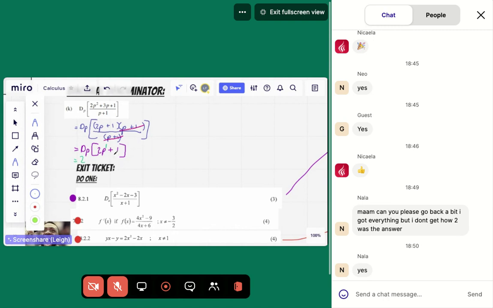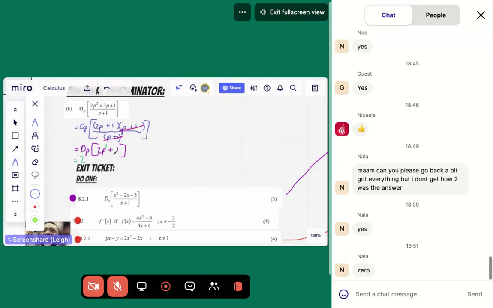And then, Nala, as far as your second term is concerned, it's a constant. So the derivative of any constant is, you can put it in the chat. The derivative of any constant? There we go, 0. Perfect. So can you see now why the answer would just be 2? Does it make sense?